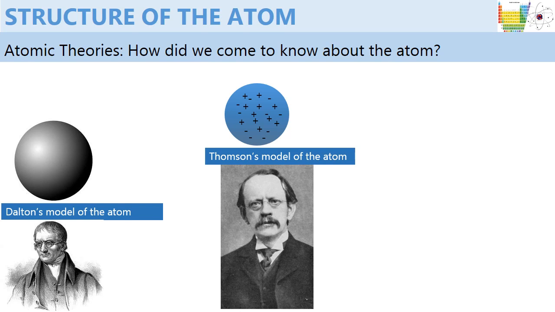He suggested that the positively charged particles were surrounded by negatively charged electrons, as shown in his model of the atom. He called the negatively charged particles electrons.